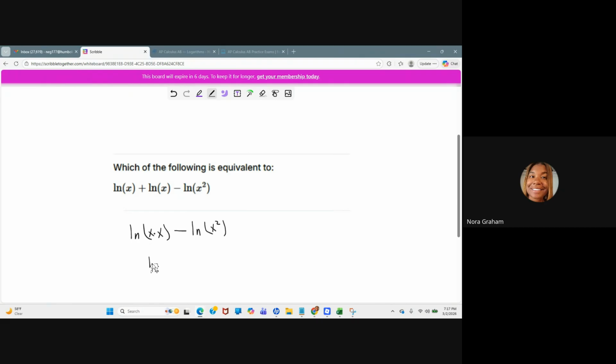So ln, my x times x is x squared over x squared. Anything over itself is just going to be 1, so I get ln of 1. Remember, ln of 1, this was the property I said in the beginning, log of 1 is just going to be 0. So our answer is going to be 0 for this one.